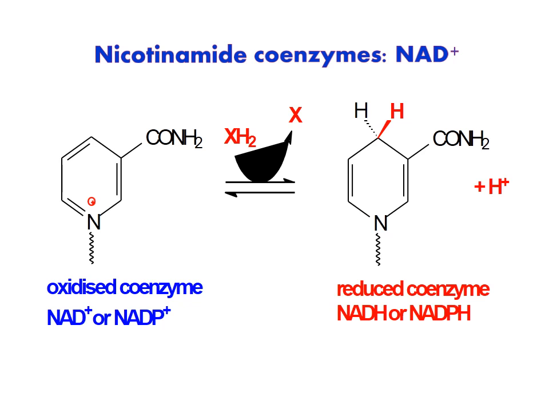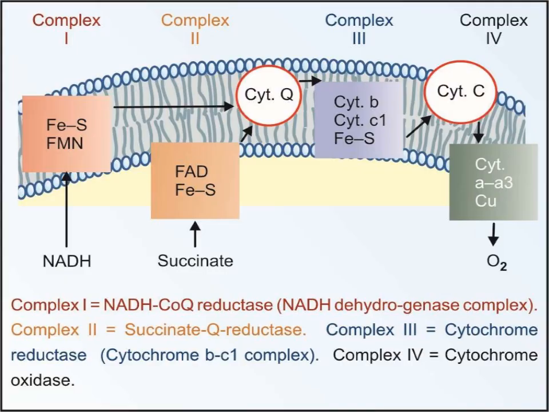From the substrate, 2 hydrogens are removed, and the substrate becomes X. Those 2 hydrogens will be accepted by the coenzyme NADP plus. If NADP plus is accepting, it becomes NADPH plus H plus.